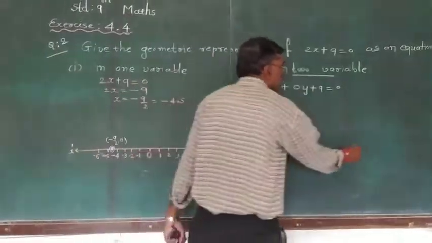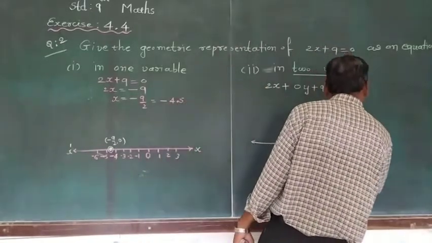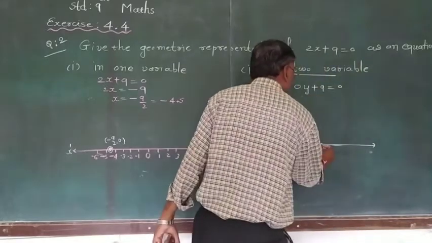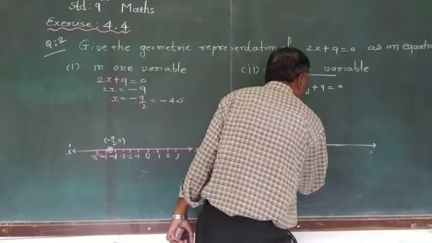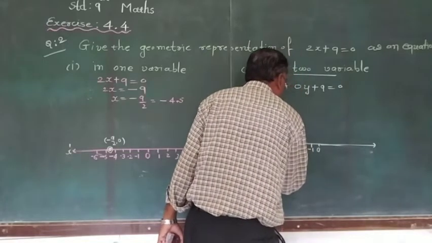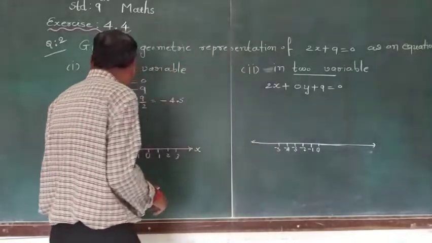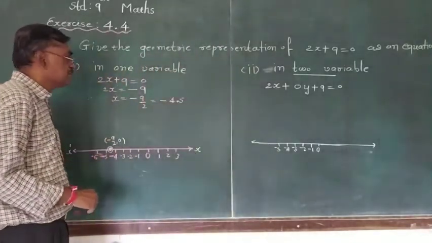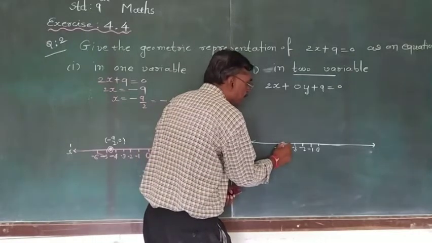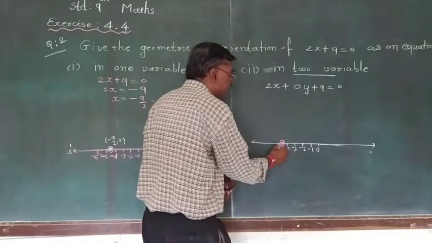First we have drawn the x-axis: zero, minus 1, minus 2, minus 3, minus 4, minus 5. The point is given in between. Minus 9 upon 2 is given here, between minus 4 and minus 5.